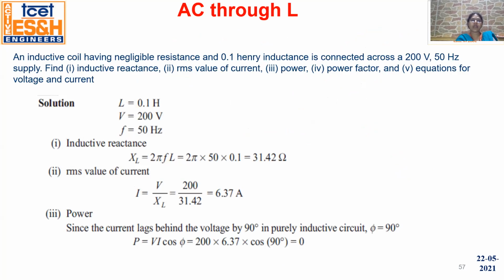Now, this is the numerical. An inductive coil having negligible resistance and 0.1 Henry inductance is connected across a 200 volt 50 Hz supply. Find inductive reactance, RMS value of current, power, power factor, and equation for voltage and current. So our basic circuit is like this.